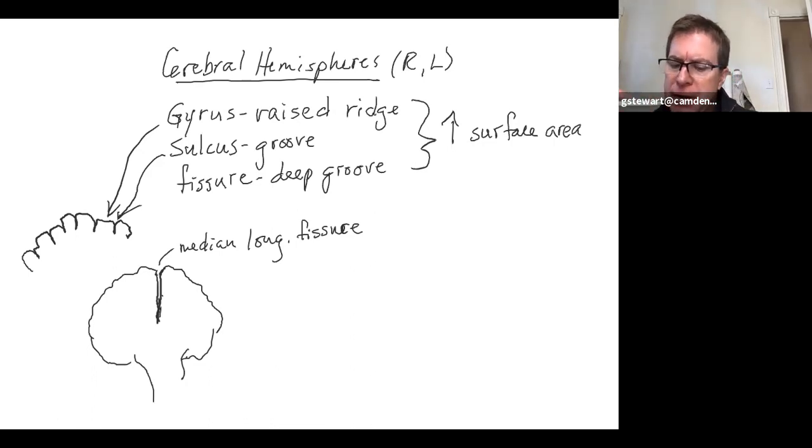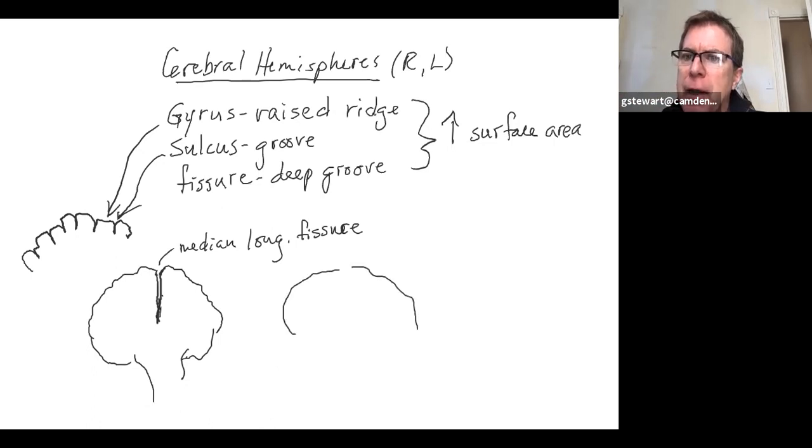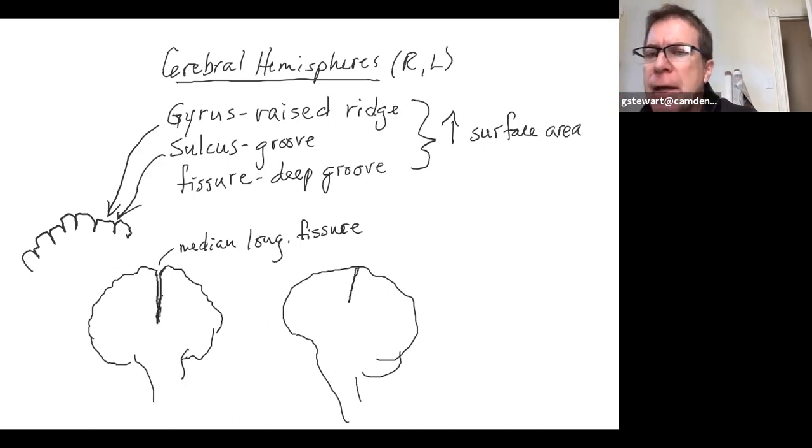Then there is something called a central sulcus and lateral sulcus. So from the side, this is a lateral view of the brain. There's the cerebellum, brainstem. From the side, we have something called the central sulcus, which comes down this way on both sides. It's behind where your hairline is, most likely. That separates the frontal lobe up here from the parietal lobes back here.